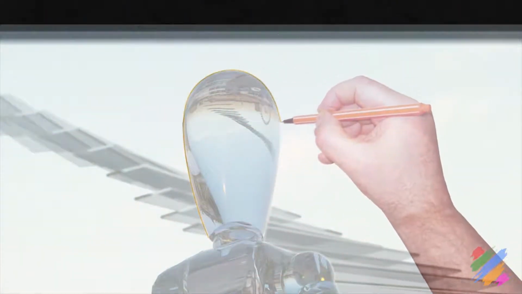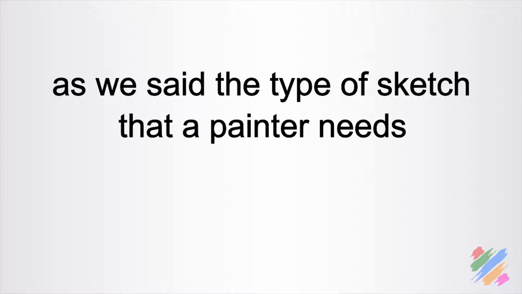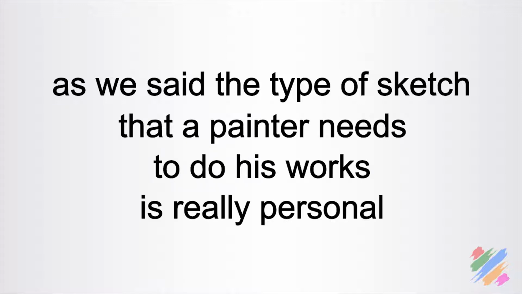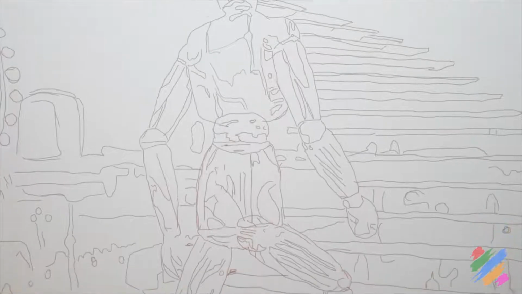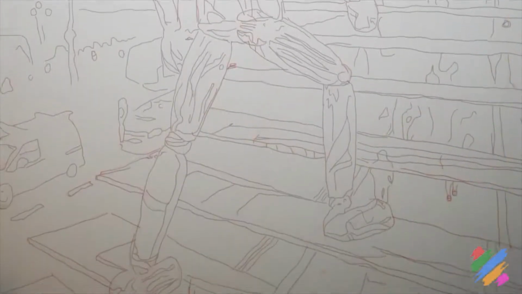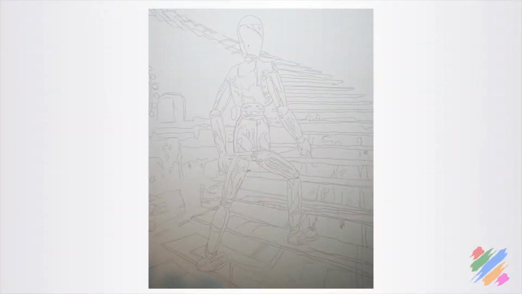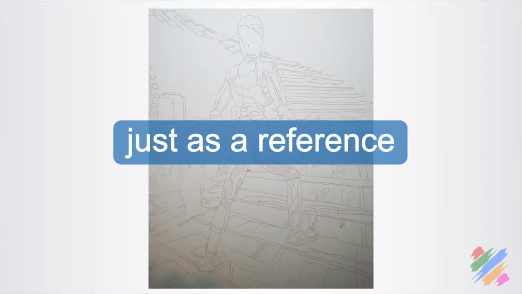Now, as we did before, following the shapes of our subjects, one piece at a time, we're going to carry out our sketch. As we said, the type of sketch that a painter needs to do his works is really personal, and as you can see, I don't really need very accurate drawings. My sketches are always quite ugly, and this is because I use them just as a reference.